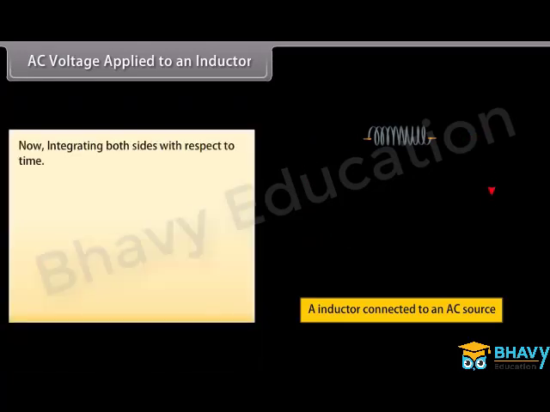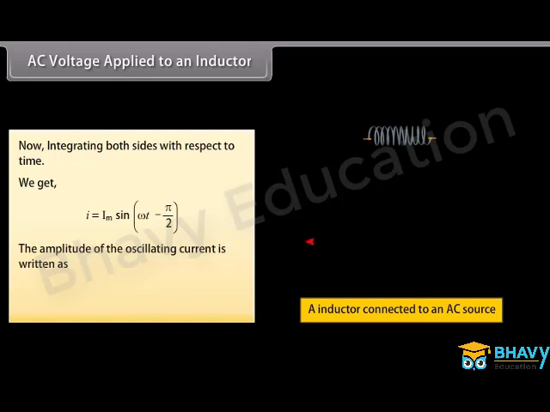Now, integrating both sides with respect to time, we get I is equal to Im sine omega t minus pi by 2. The amplitude of the oscillating current is written as Im is equal to Vm upon omega L.